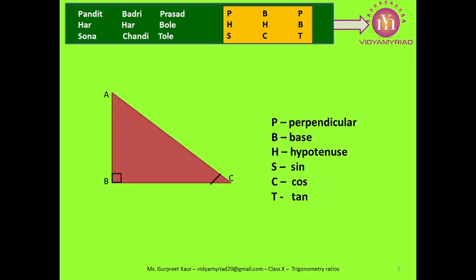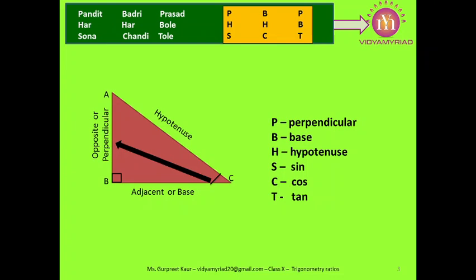Now when I say C, C is the angle which we are talking about. Its opposite side means AB. AB is the perpendicular, and BC is the adjacent side which is the base, and AC is the hypotenuse. Considering this, we will be doing the ratios.